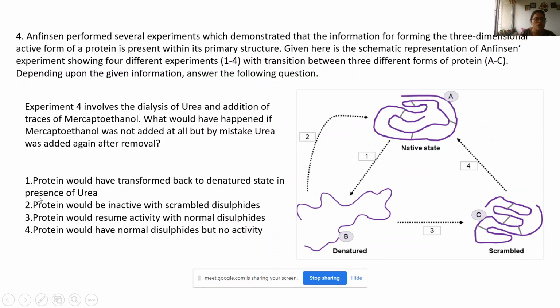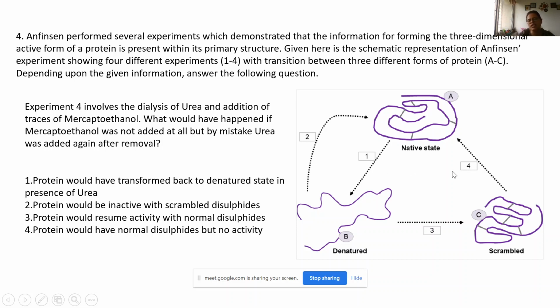So option 2 is protein would be inactive with scrambled disulfide, which is this form. And option 3 is protein would resume activity with normal disulfides. So it will resume activity, meaning it will be in a functional state, which is native state. But if you see in experiment 4, you are dialyzing urea, but you have by mistakenly added urea.